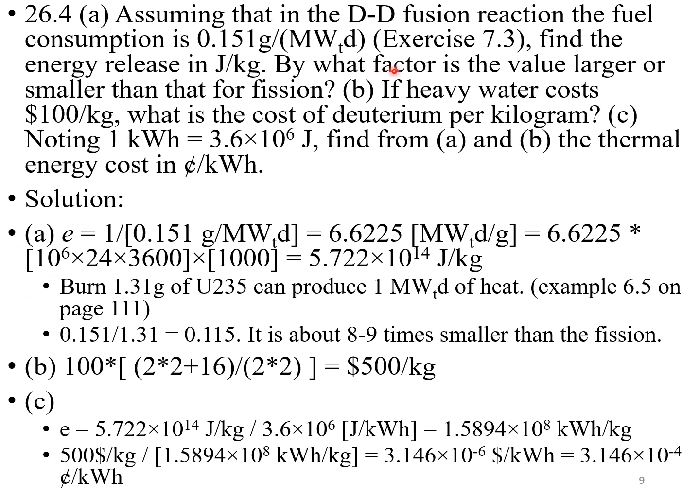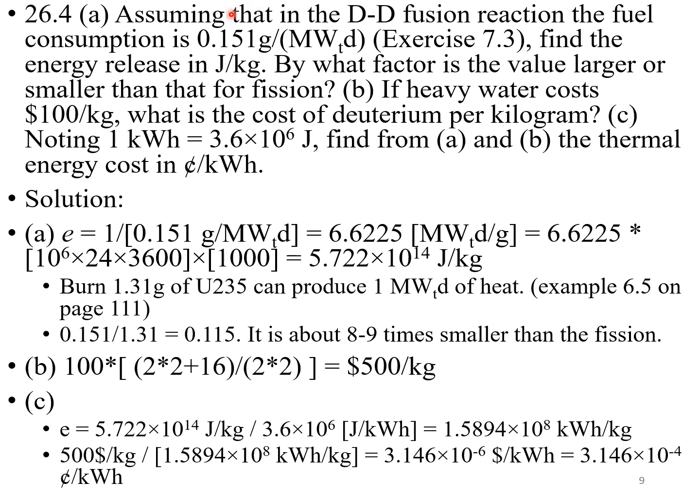Next, we need to make a comparison for the fuel efficiency. For fission, we use U-235 as a representative fuel. We know that 1.3 gram of U-235 can produce 1 megawatt day. Therefore, for fission, this value is 1.3 gram per megawatt day.